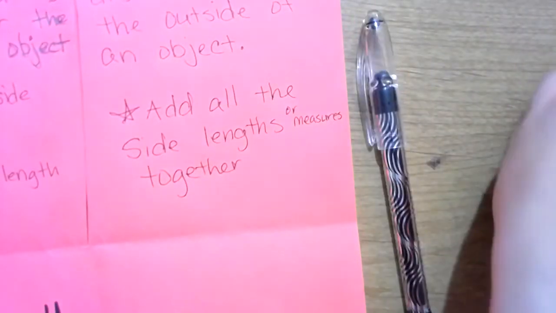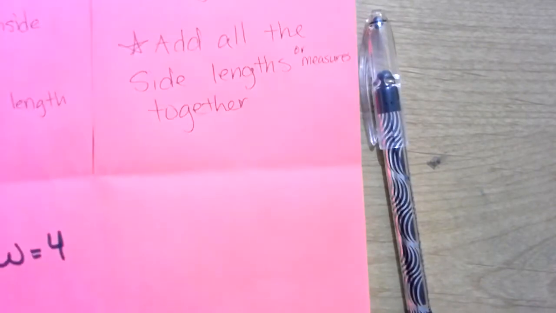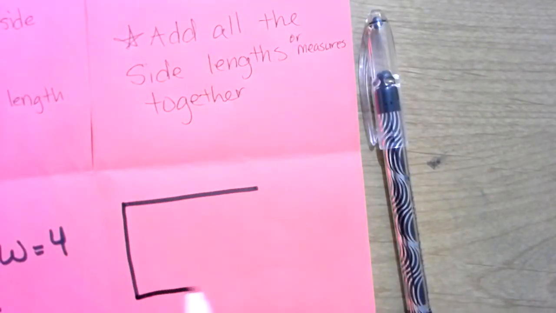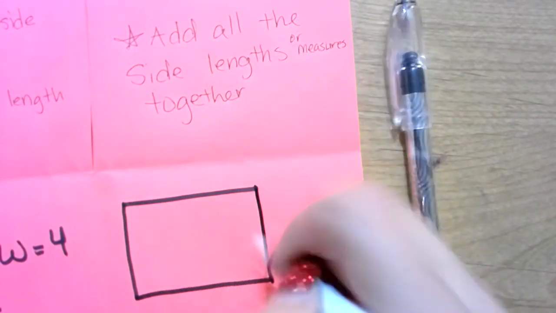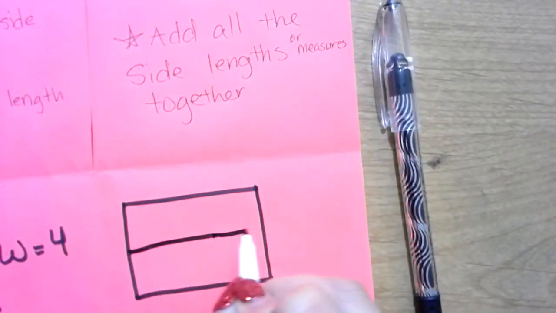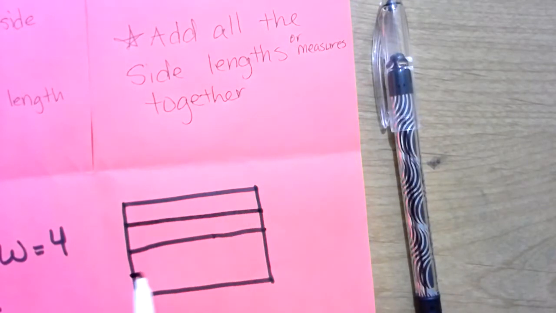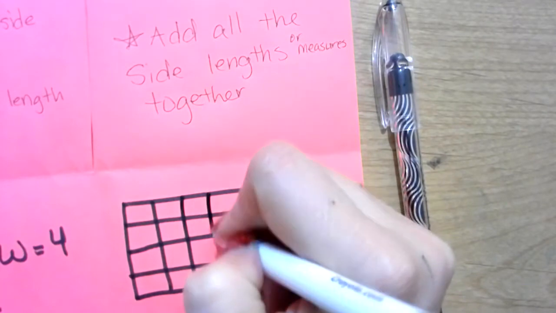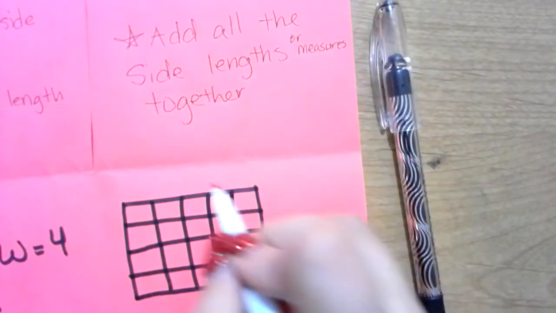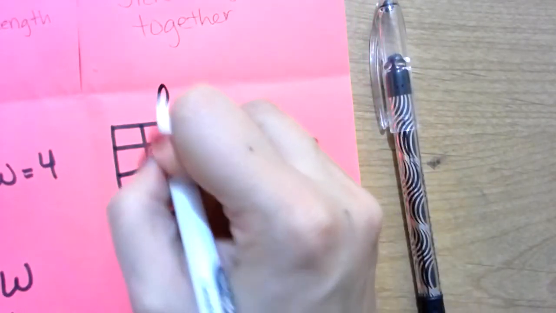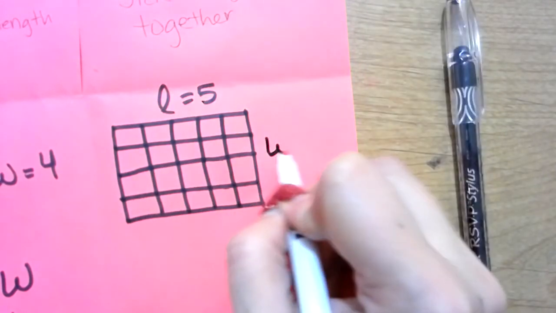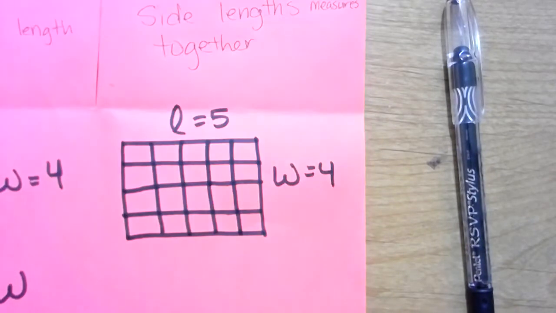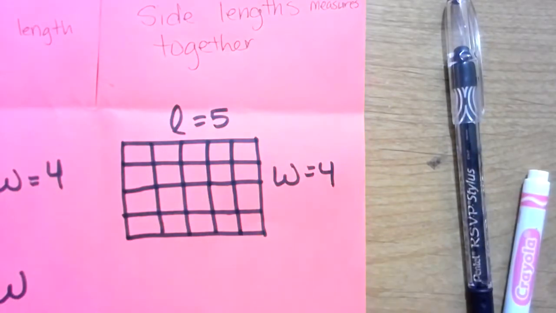Okay. So we're going to take that same exact shape, that same rectangle, and we know that my length equals 5, my width equals 4. So my formula, okay, I'm going to change colors real quick.